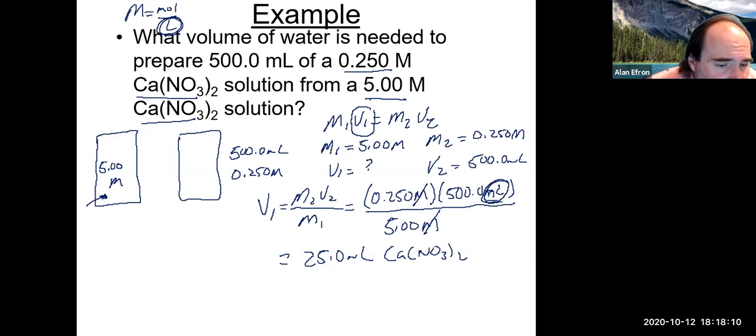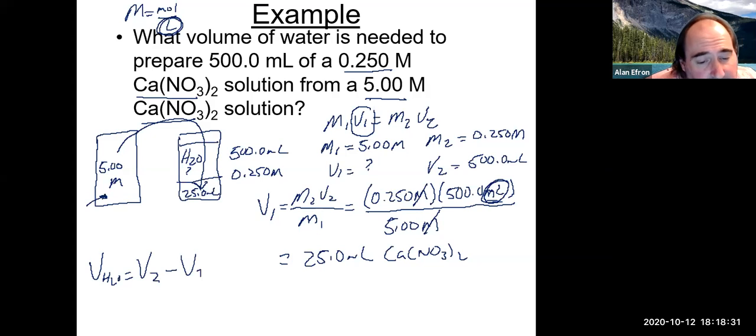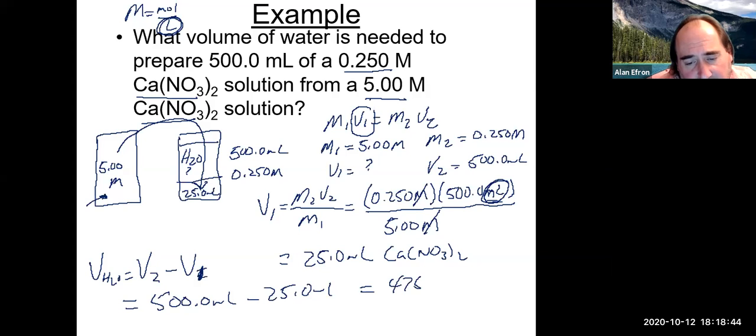So what V1 represents is that we should go to the more concentrated solution and dump in 25 milliliters of it. The question wanted to know how much water we should put in with it. The water is usually the difference between our final volume and our initial volume: V2 minus V1, which is 500 minus 25, giving us 475 milliliters of water to be added.